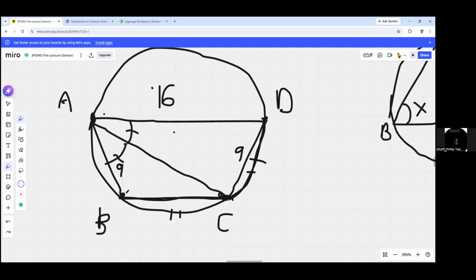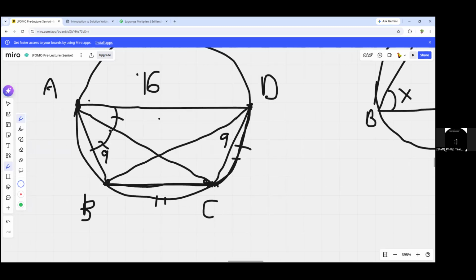Construct triangle BCD. Sorry for my bad drawing. Then realize that since these subtend equal arcs, these angles must be equal. And since these angles subtend the same arc, they also must be equal.